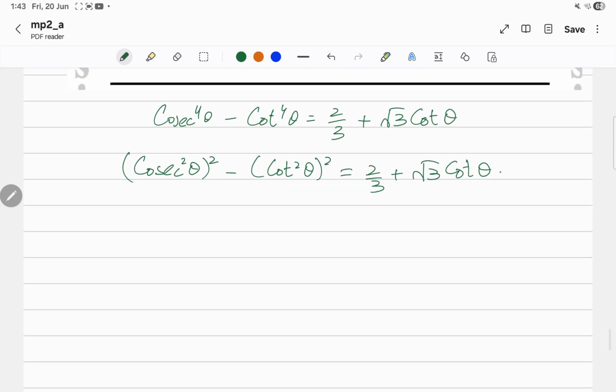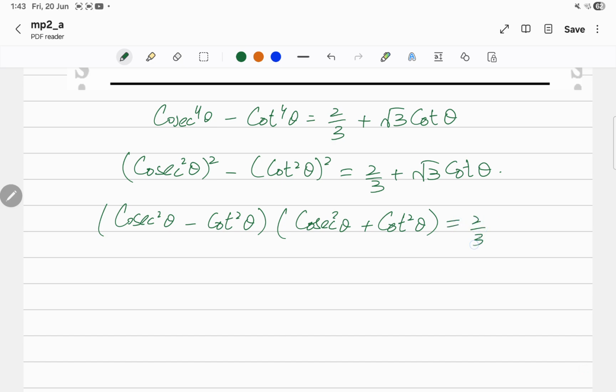Then you can see on the left hand side we have the difference of two squares, so we can apply the formula a minus b times a plus b. We already learned this formula in GCSE, and we can keep the right hand side as it is, 2/3 plus root 3 cot theta.